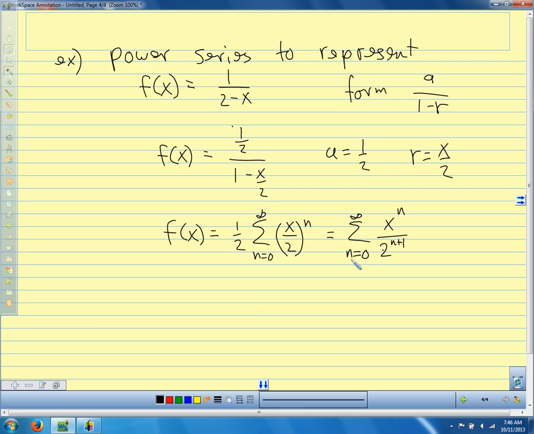And this is going to converge, our radius of convergence, when the absolute value of x over 2 is less than 1.